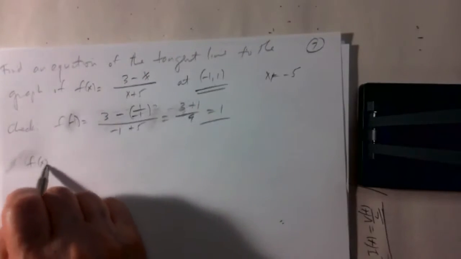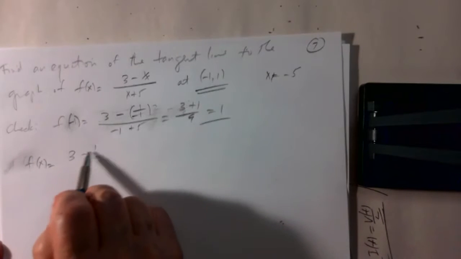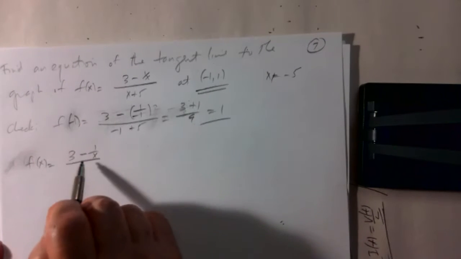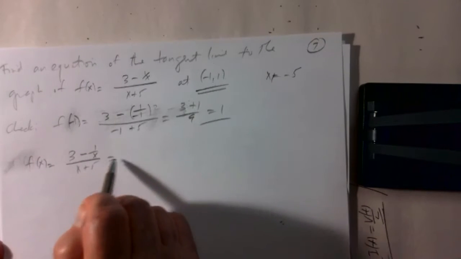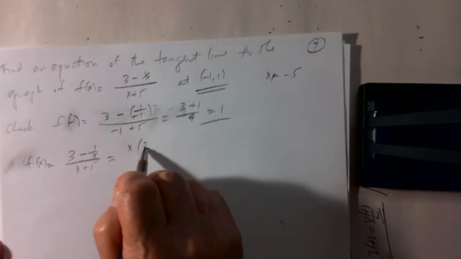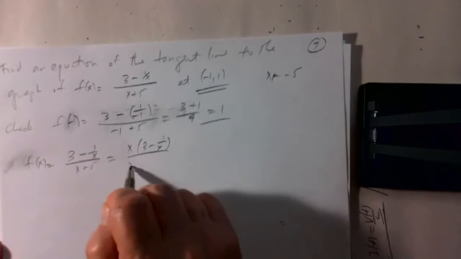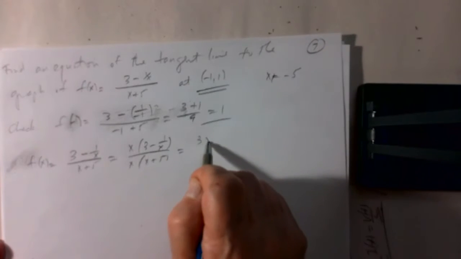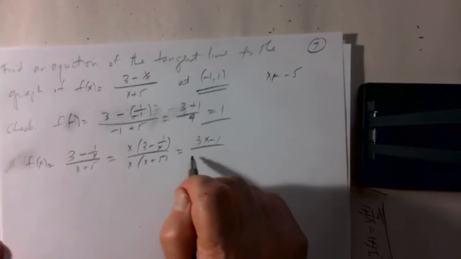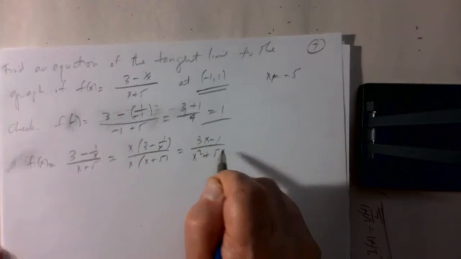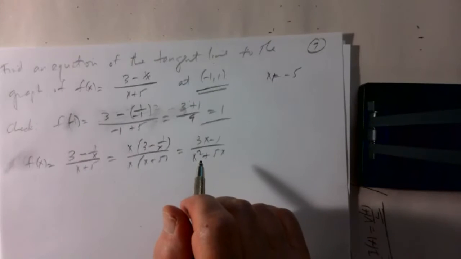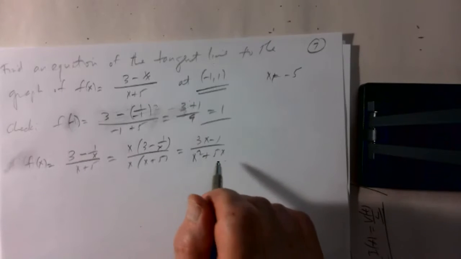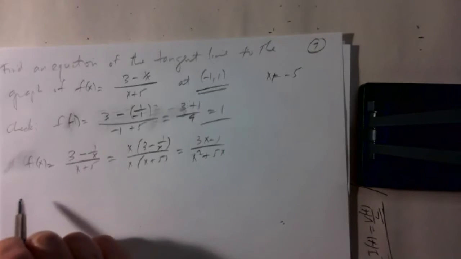So we have f of x is 3 minus 1 over x plus 5. If we multiply the numerator and the denominator by x, you get 3x minus 1 in the numerator and x squared plus 5x in the denominator. This is a little bit easier to differentiate.